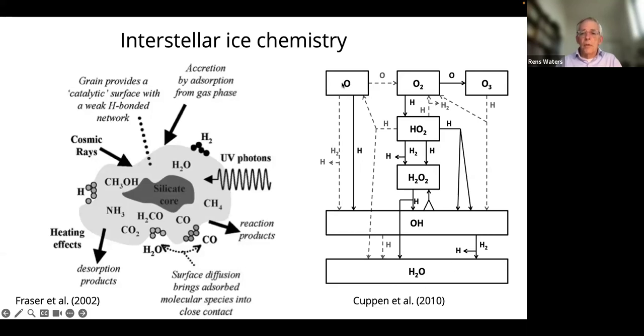So there are different routes in these ices to form water ice, which is the most abundant ice we find in cold interstellar clouds. Other important ices are carbon monoxide ice, CO2 ice, methanol ice, and methane ice.